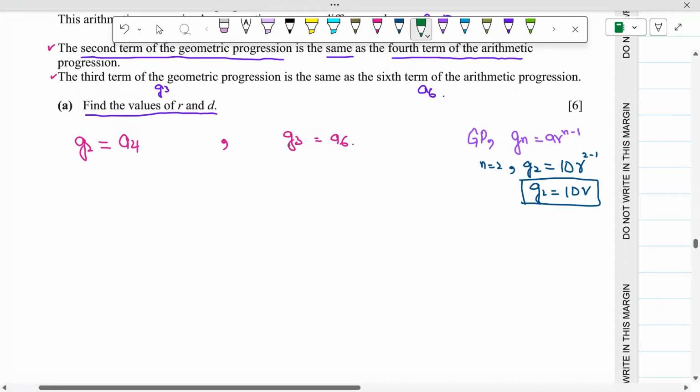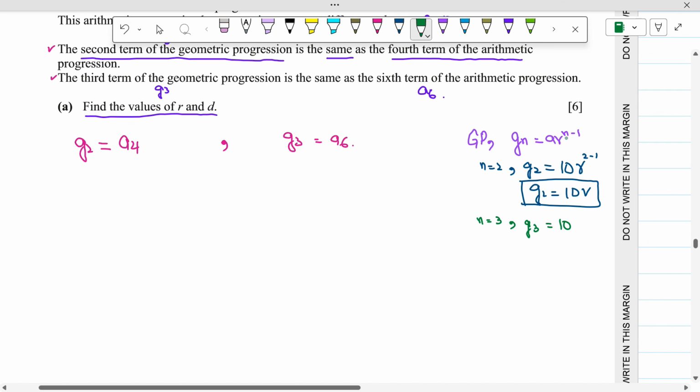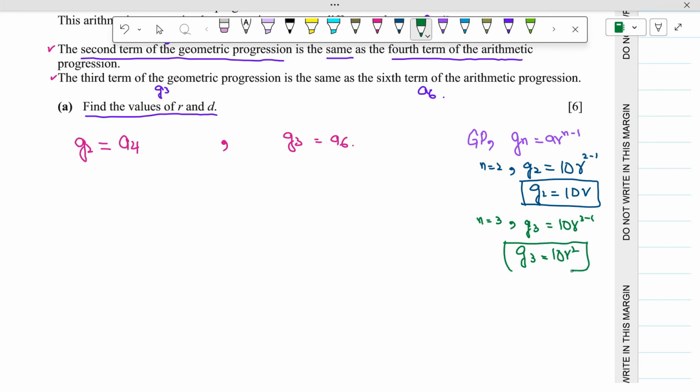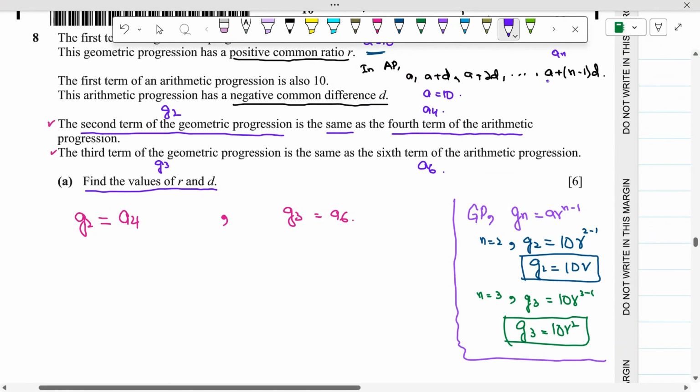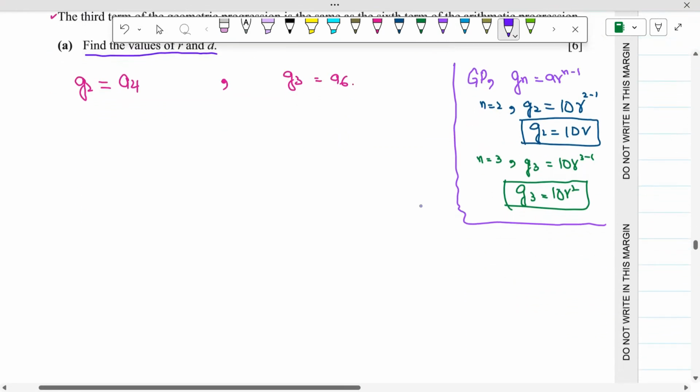Similarly, we need to find g3. So n is equal to 3. So g3 is equal to 10, because a is 10, times r to the power of 3 minus 1. So g3 is equal to 10r squared. This is the geometric progression. Now we know that the nth term of the arithmetic progression is an equal to a plus n minus 1 times d.